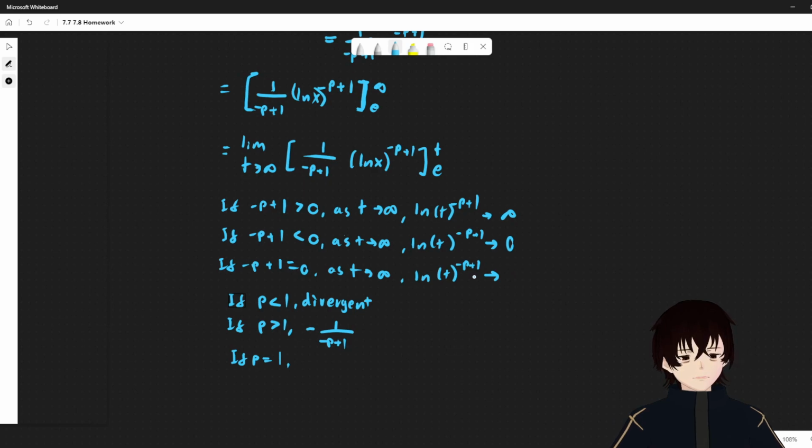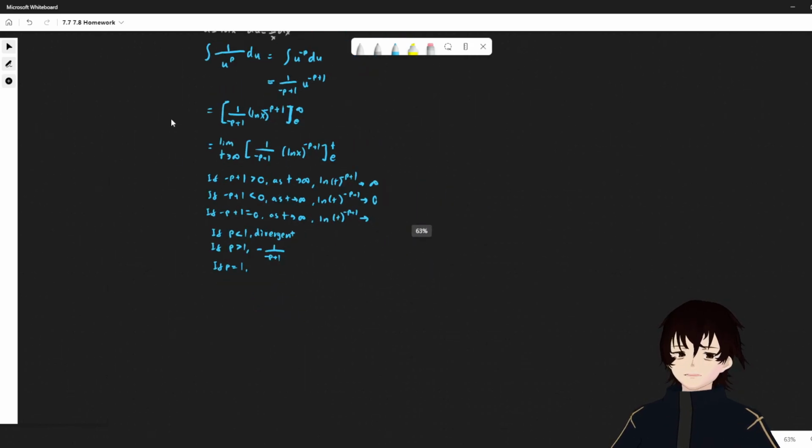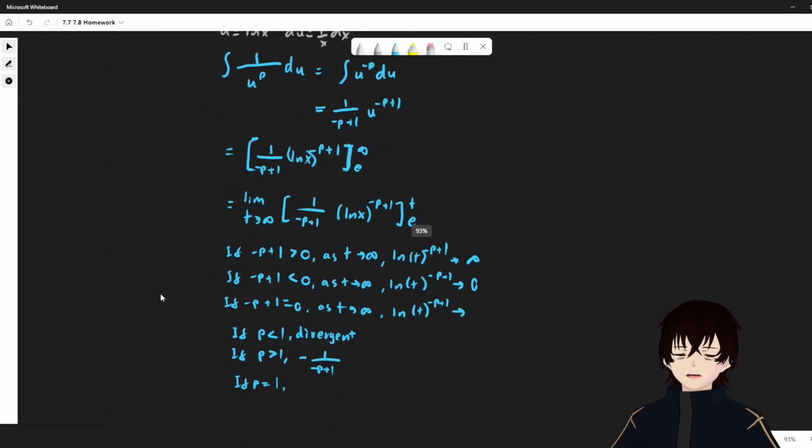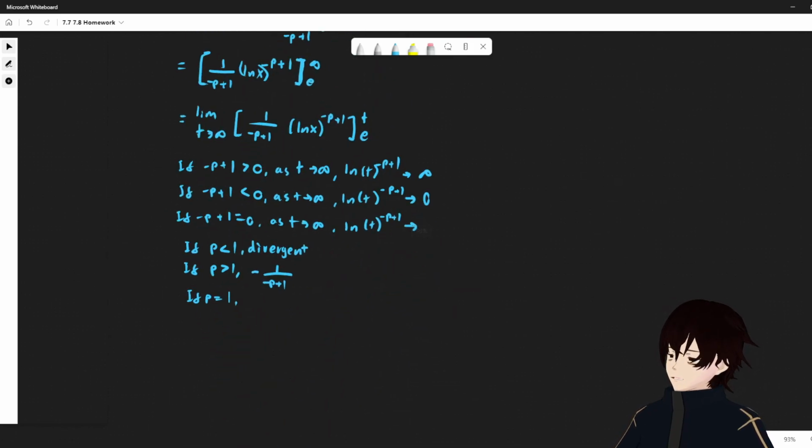But that's 0. What? No, it was 1 over. Let's try it. 1 over x times natural log of x. Negative p plus 1 is 0. So p is 1.